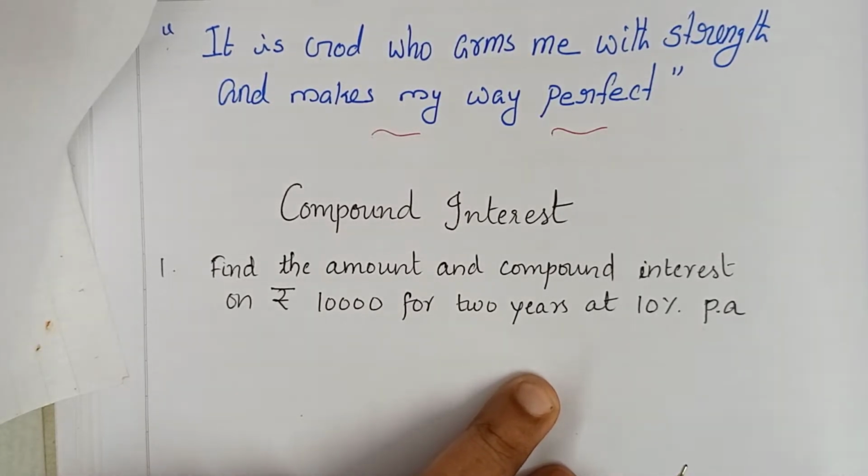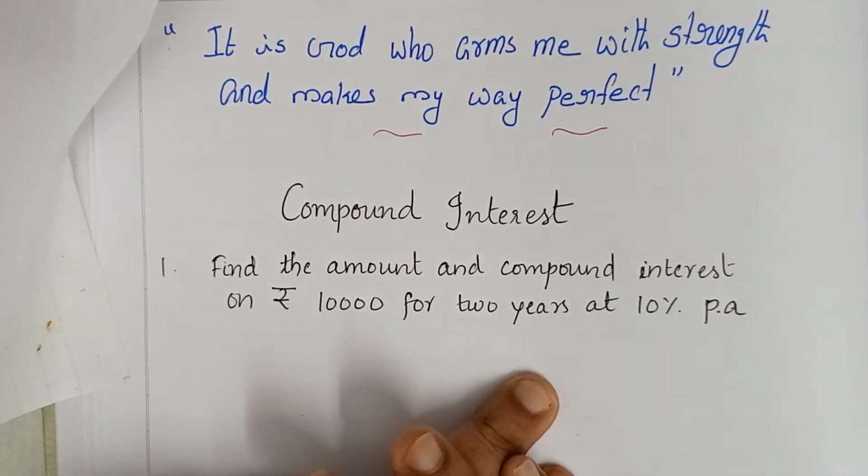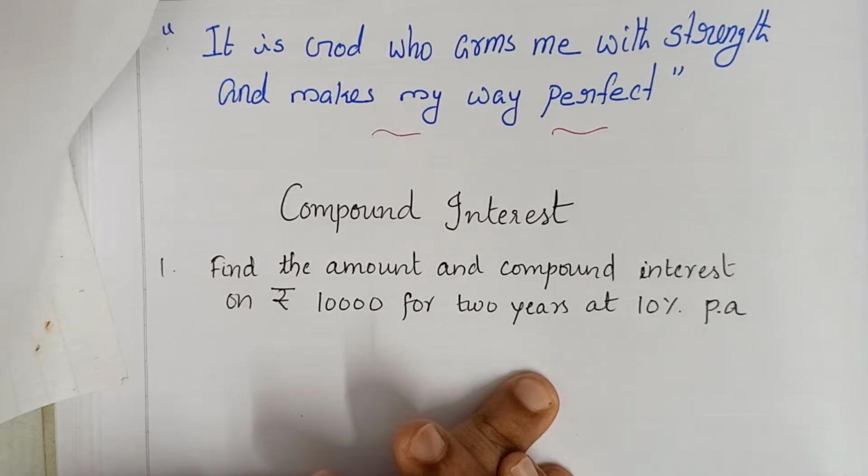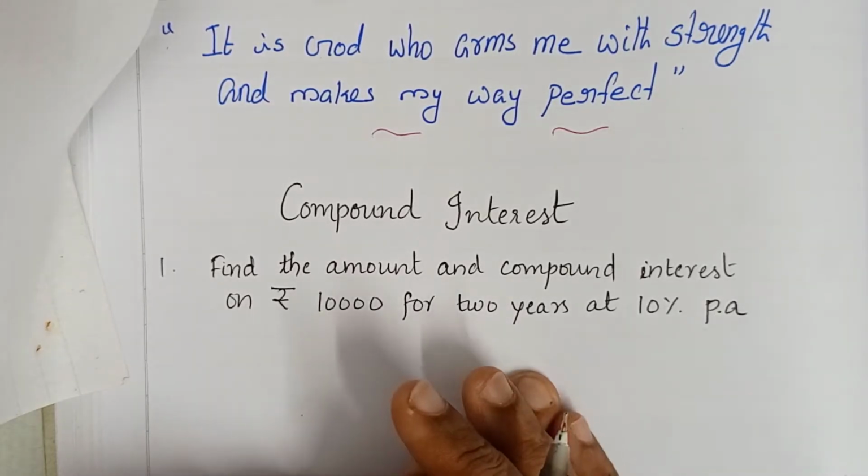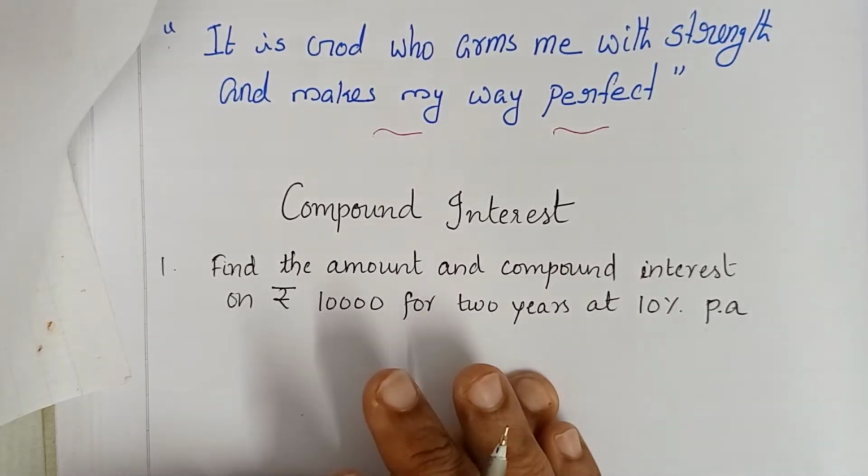The amount thus obtained becomes the principal for the next period. This process is repeated until the amount for the last period is found.